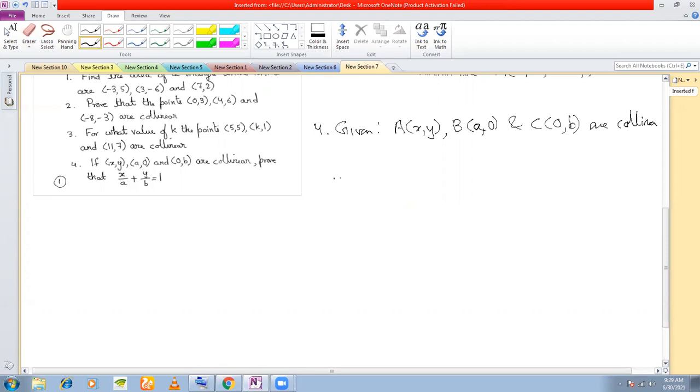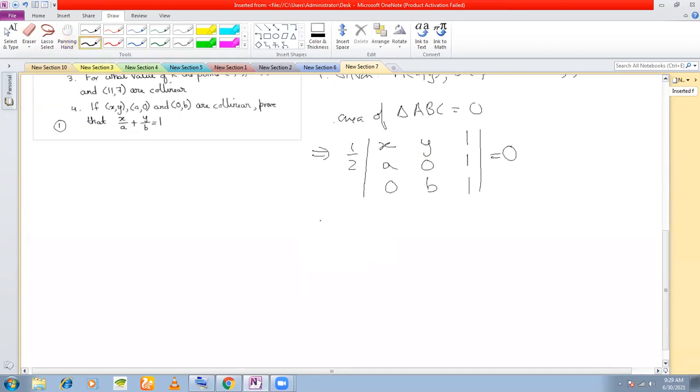Okay, so therefore the area of triangle ABC must be equal to 0. Form the determinant, half of x, y, 1, a, 0, 1, 0, b, 1 must be equal to 0. That means this determinant, x, y, 1, a, 0, 1, 0, b, 1, is equal to 0.